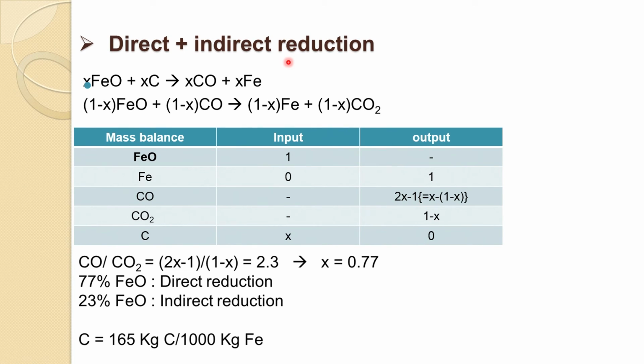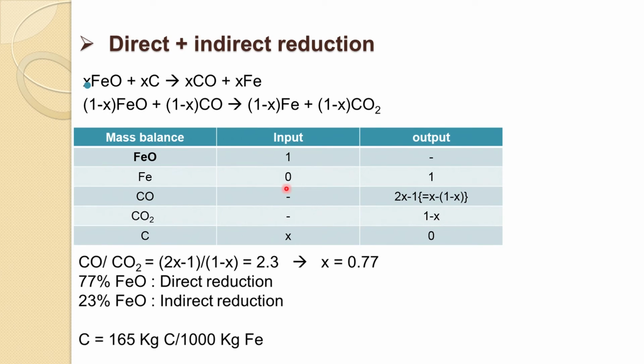So, if we say x mole of carbon is directly reducing iron oxide to iron, and the remaining of course would be your indirect reduction, that the CO would be reducing hematite to iron. So, now if we do the balance again, we can make the mass balance table.